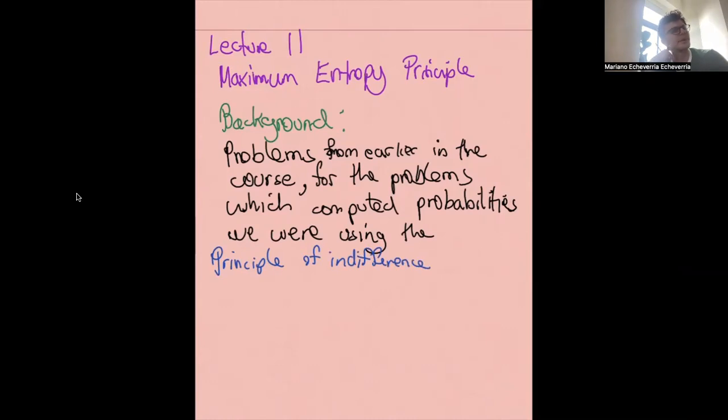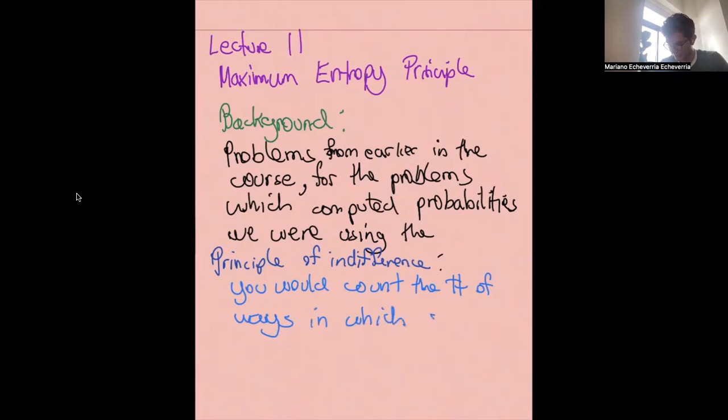So the principle of indifference says, for example, you just count the number of ways in which something can happen. This is why we were so interested in counting things, in how many ways things could happen.